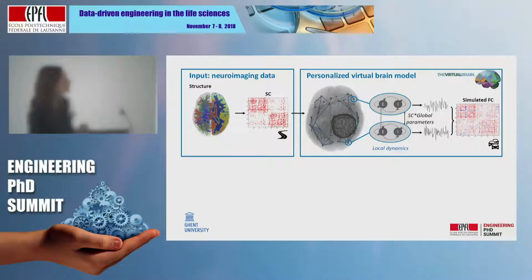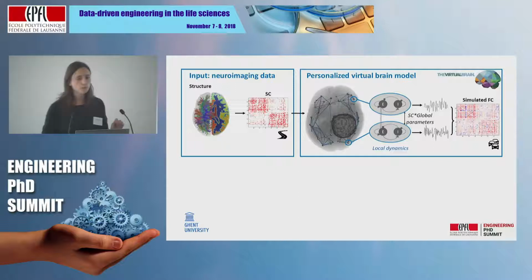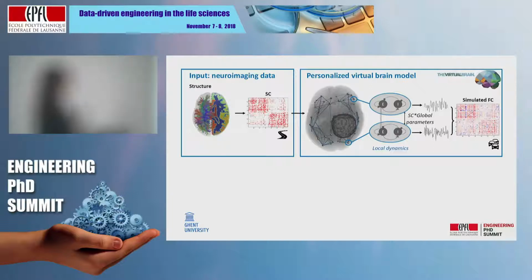So the idea is that you simulate brain dynamics in every single brain region, and then you connect all of the different region models by using the information from the structural connectivity matrix that you supplied as input, weighted by some global parameter.